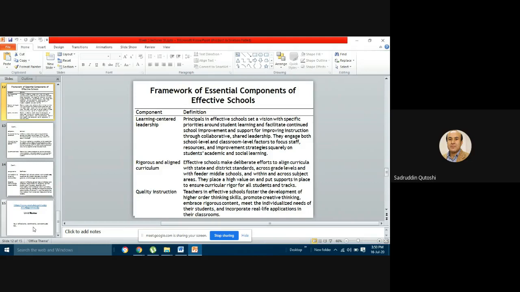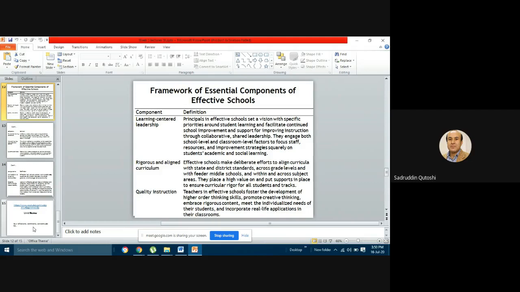So it depends upon what the effective school systems have, a rigorous and aligned curriculum. What kind of curriculum does an effective school have? So do you have the same set of curriculum that is rigorous and aligned one or not? So you need to be very much reflective towards this particular component.